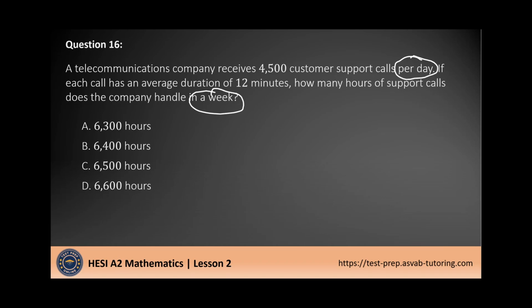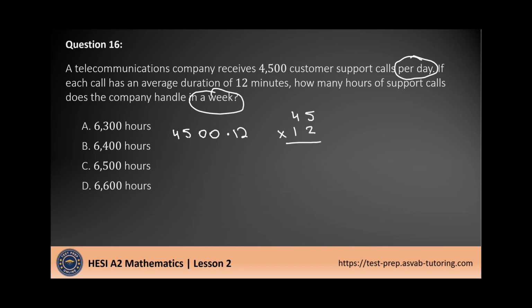All right, so 4,500 calls per day. Each call is 12 minutes. So let's find the total amount of minutes per day by doing 4,500 times 12. Right, and then to do that, I'm going to do 45 and 12.